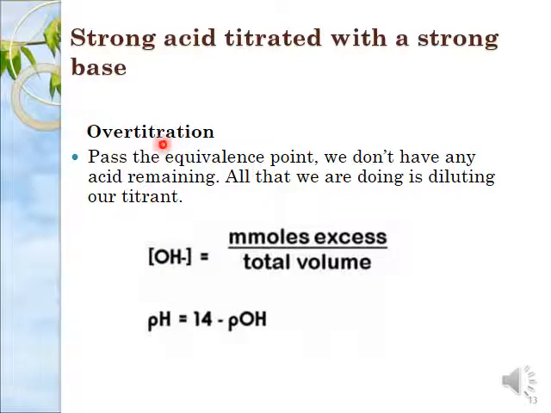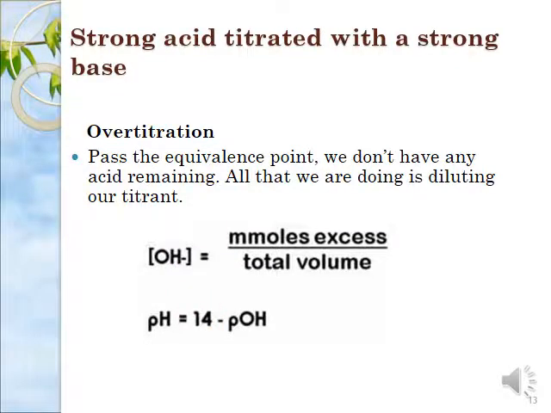Because it's over titrated, OH- is the millimoles of titrant in excess over the total volume. Then you take the negative log of this OH- to get pOH, and subtract from 14 to get the pH.